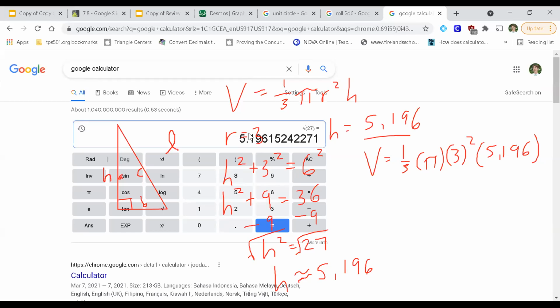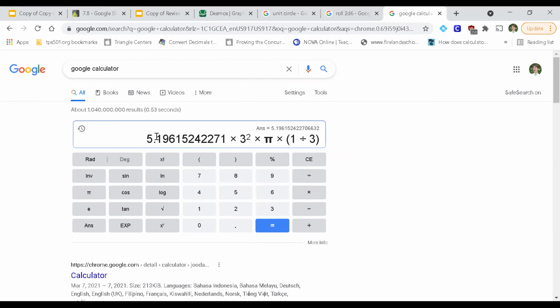I'm just going to multiply this by 3 squared by pi by 1/3. That way I get the full decimal, right? Rather than just 5.196. And you might say, Mr. Lake, does that really matter? Could I just use 5.2 instead?